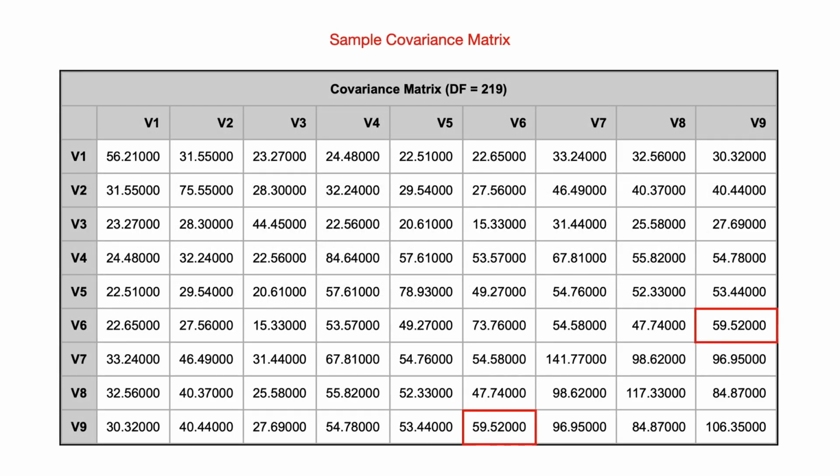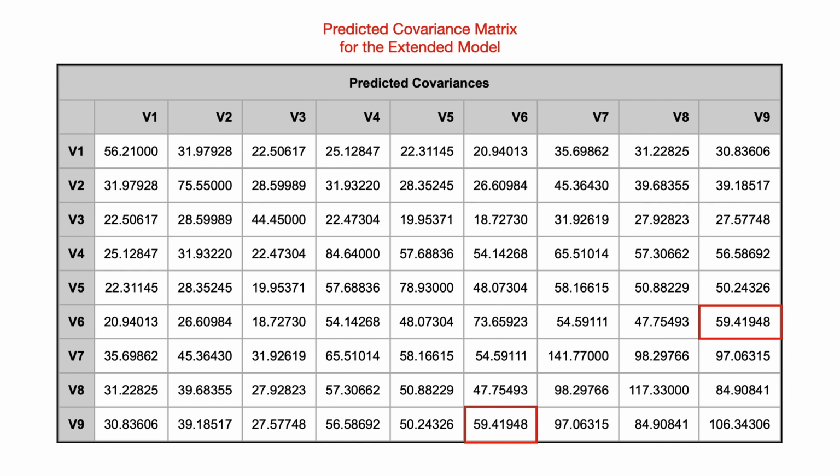So again, here is the observed sample covariance matrix. And we see that the observed sample covariance of V6 and V9 was 59.52. Here is the predicted covariance matrix for the extended model. And we see here that the predicted or estimated covariance of V6 and V9 is 59.42.